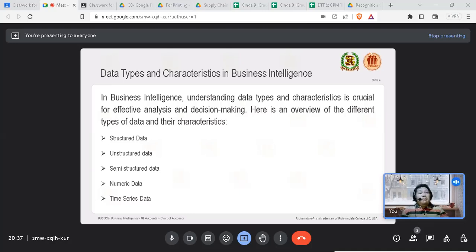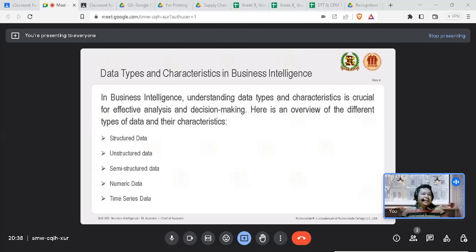Customer metrics is also an example of numeric data. It is used to measure and analyze customer-related metrics, such as customer lifetime value, customer retention rate, customer satisfaction scores, and net promoter scores. Next is the operational data.